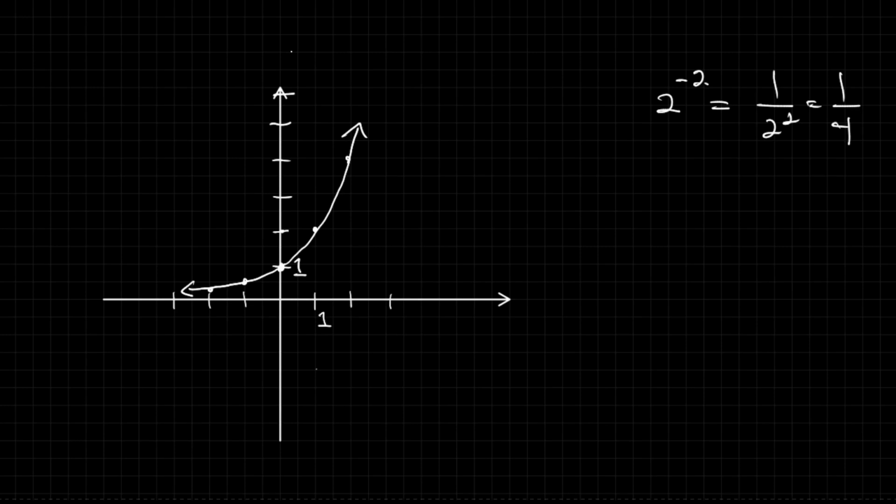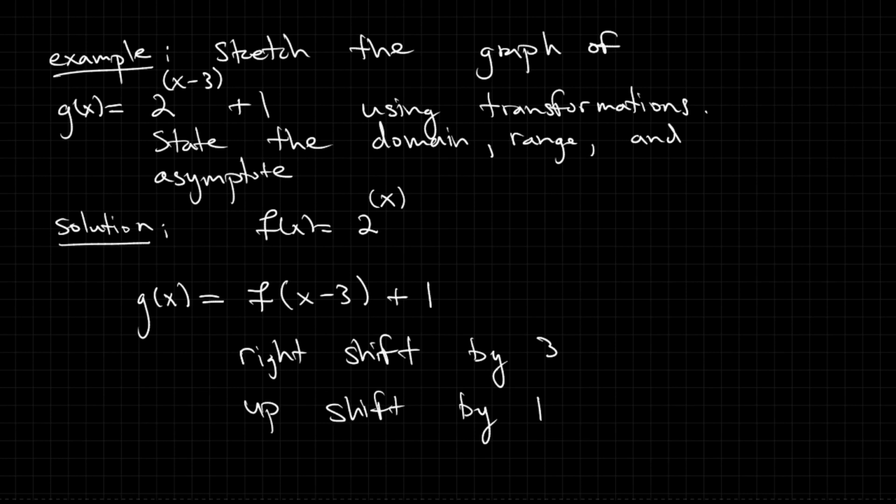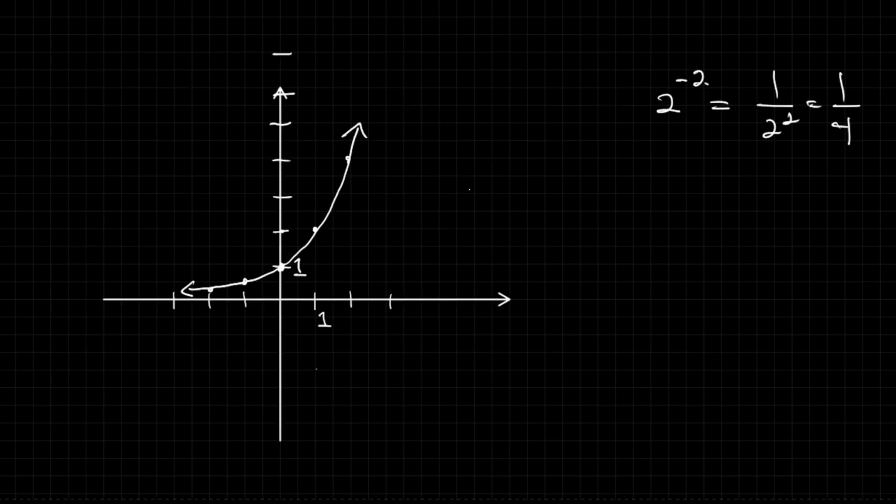So we're going to need to go to the right by 3, if I recall correctly, right shift by 3, up by 1.